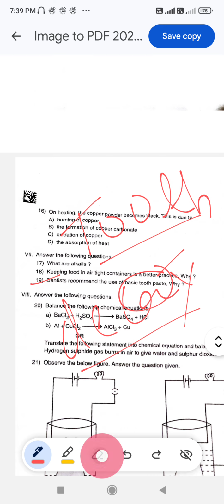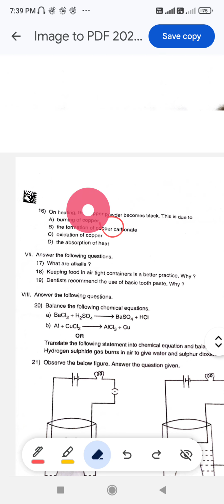That is why the doctor says you have to brush twice a day, in the morning and after eating, because when food particles are stuck in our teeth, the bacteria in our mouth degrade them and that makes a higher concentration of acid. To neutralize that, we use a basic toothpaste. This is the answer for the 19th question, right? Simple questions are there here.